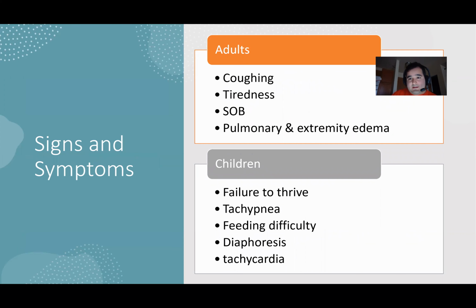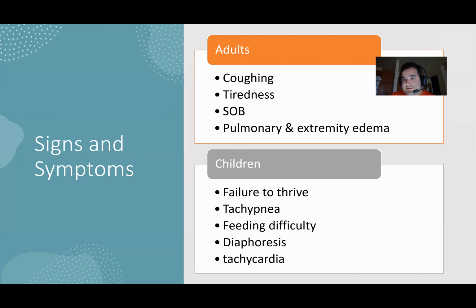So that being said, they do present differently. We know the common adult signs and symptoms here. For those with less than 1 year old, it's really hard to describe because it's hard to get that patient history, especially from a baby who can't talk. So normally they will have that vague failure to thrive. They won't feed very well or have just not feed at all.